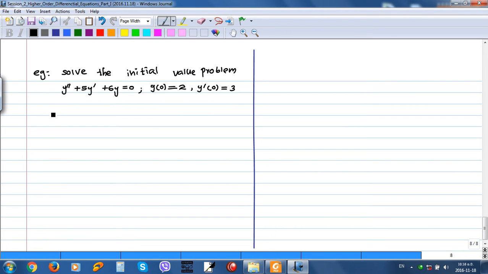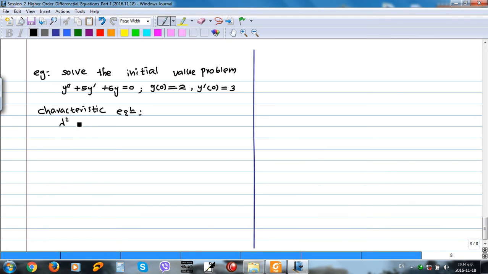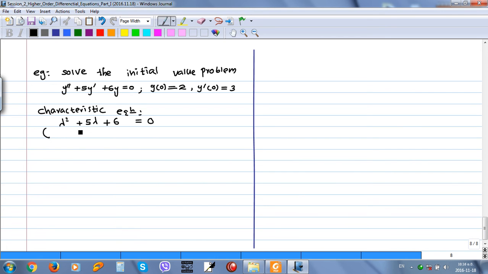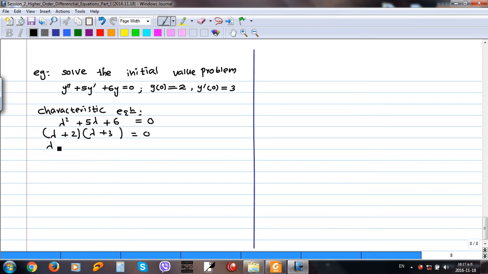The first step is as previous, the characteristic equation: lambda squared plus 5 lambda plus 6 equals 0. Here we can see there are factors, so we can take the answers as minus 2 and minus 3.